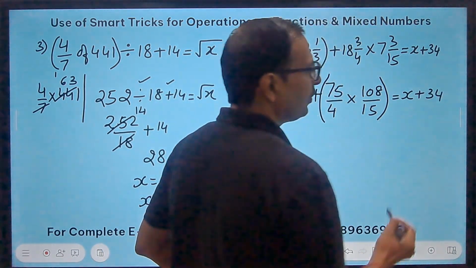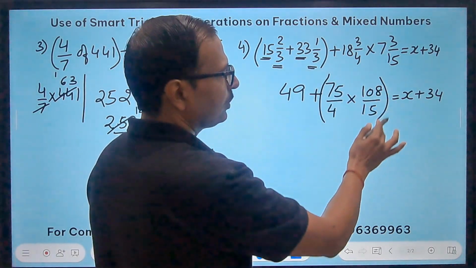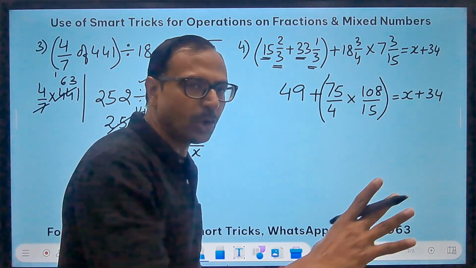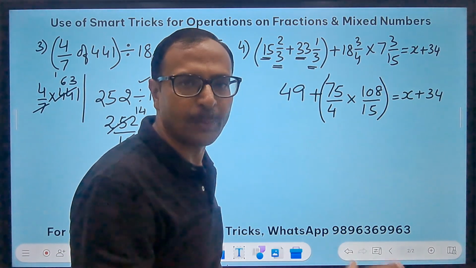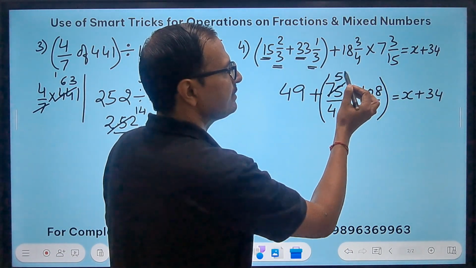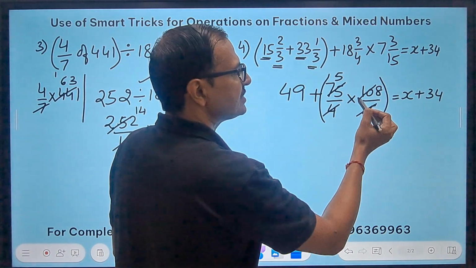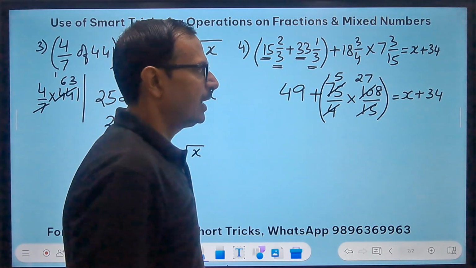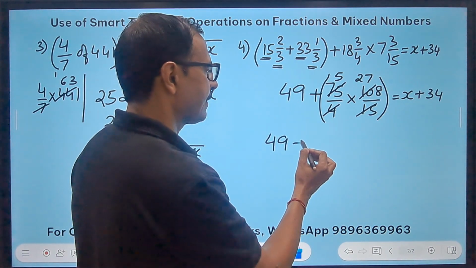X plus 34. So when you solve this, you have to take care that you cancel all the common factors between numerator and denominator first. So 15 obviously cancels 75 5 times, and 4 divides 108, this is 27 times, right? And so 49 plus, how much is this?